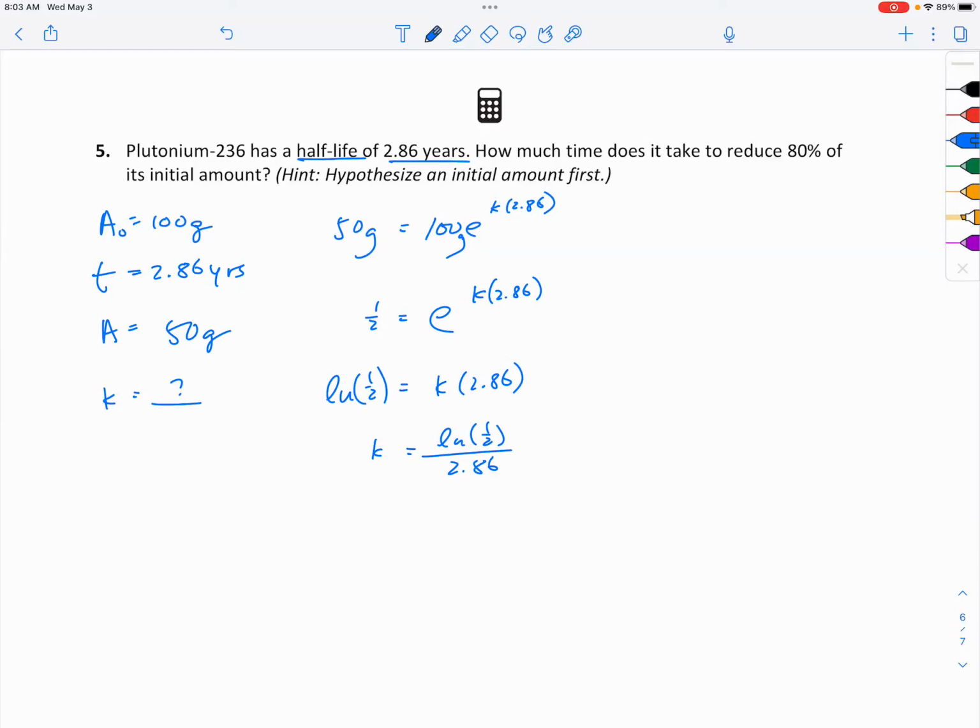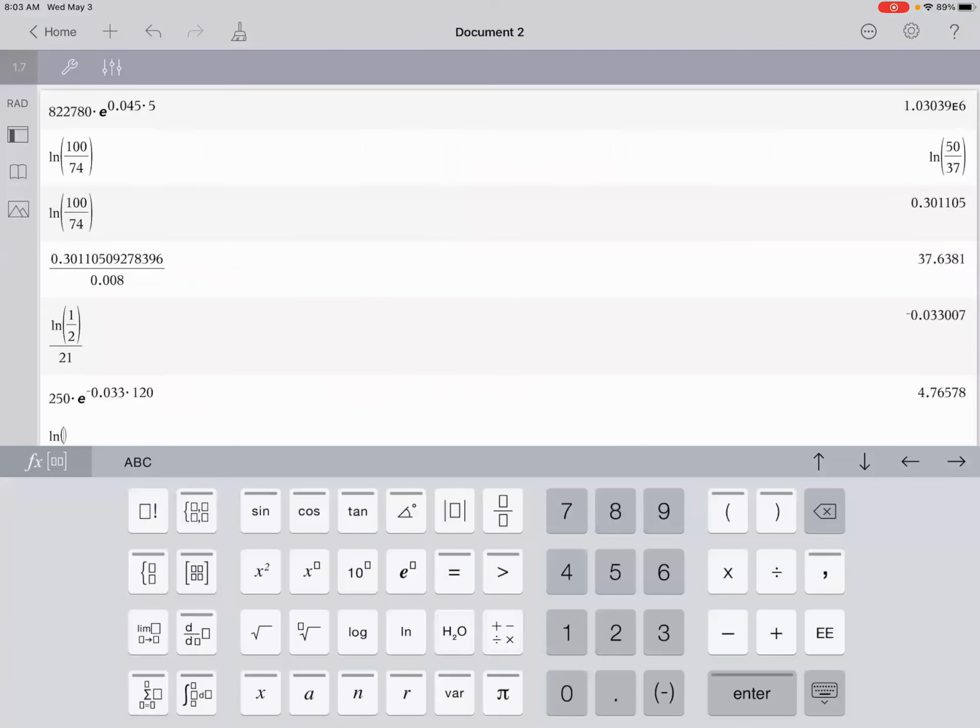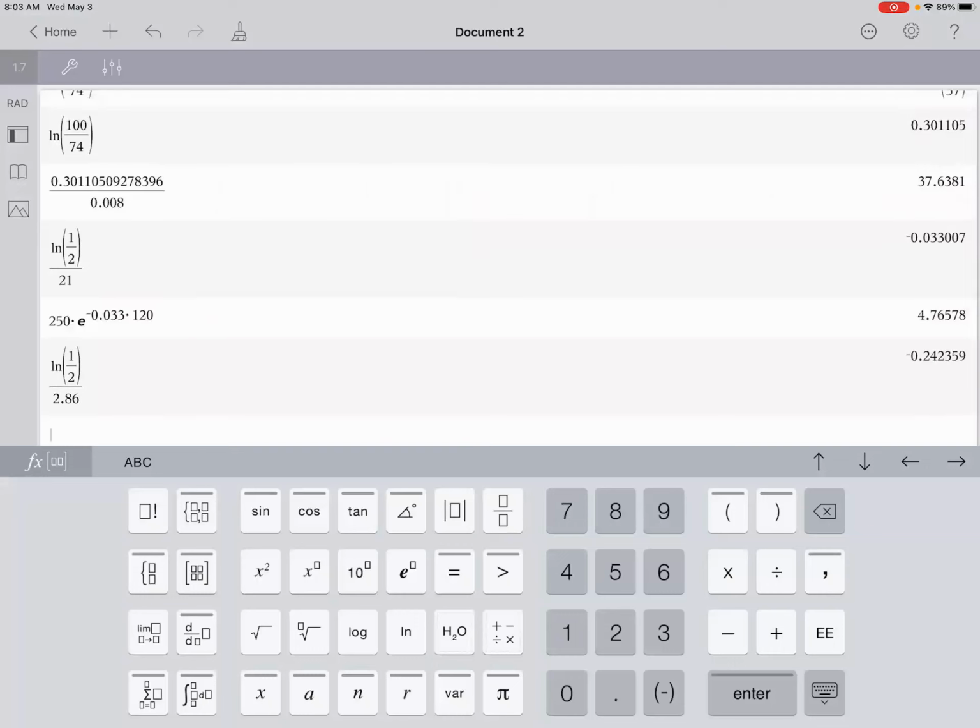All right. Anyone taking AP chemistry next year? You will use this equation by the middle of the school year when we talk about kinetics. All right, so what's K? Well, let's go ahead and find out. Natural log of 1/2 divided by 2.86.